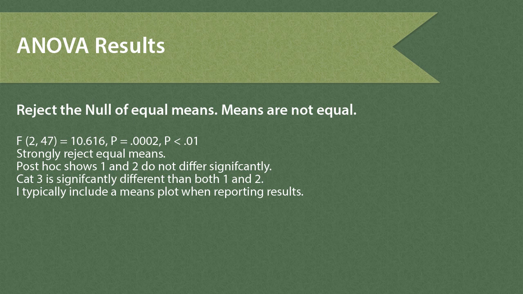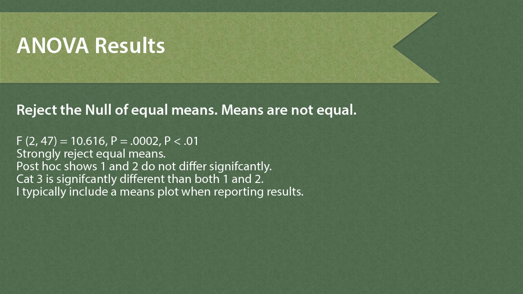However, as sure as we are that the means are not all equal, the ANOVA result is a pooled result and therefore cannot tell us what mean or means are different or not significantly different. Our post hoc analysis is necessary to interpret a significant ANOVA result. And it showed that categories 1 and 2, their mean amount charged did not significantly differ.